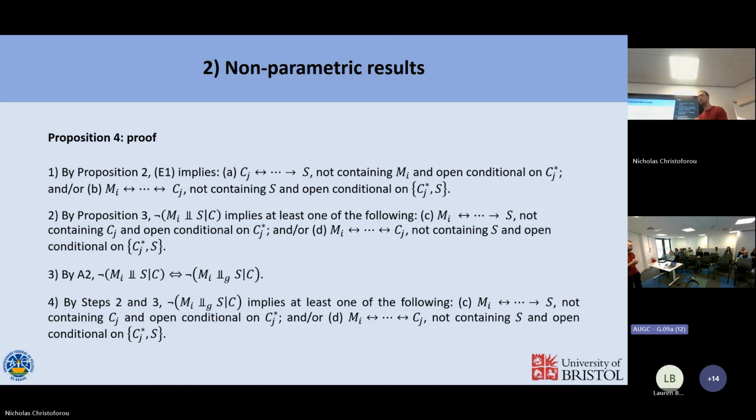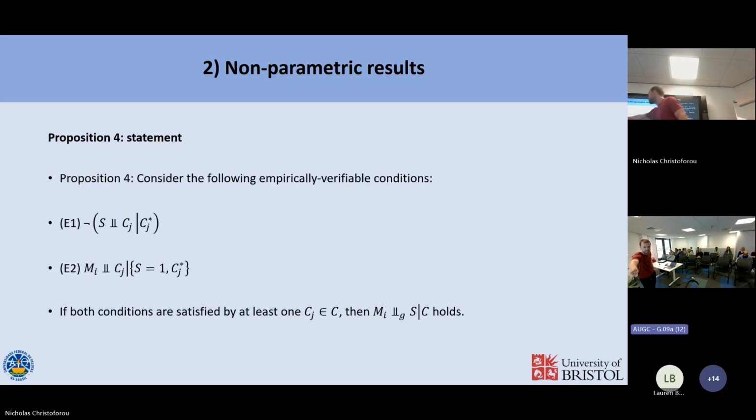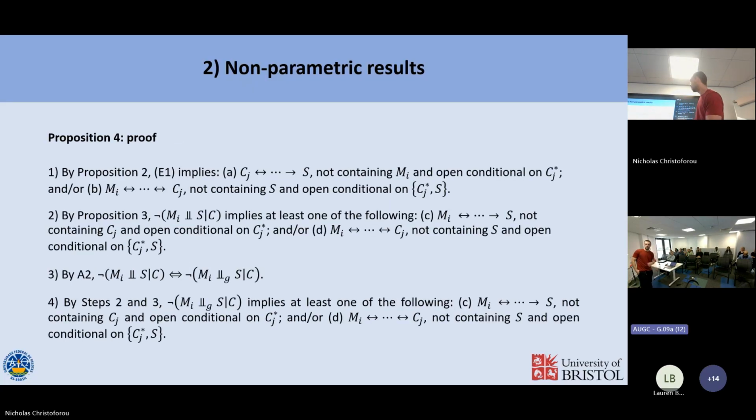So this one I do want to go through the proof. By proposition 2, what was proposition 2 saying? That if I had exactly this condition here, then I know that at least one of either A or B must be the case. What is A again?